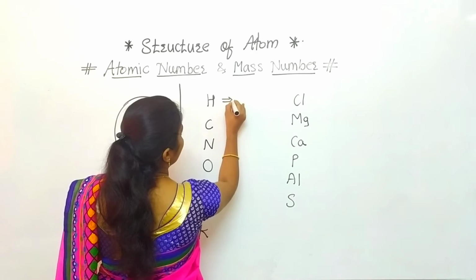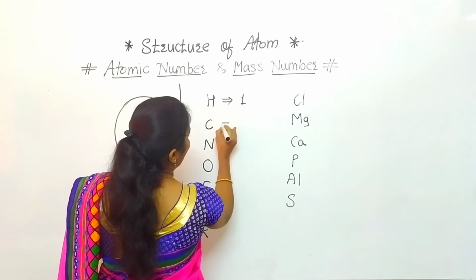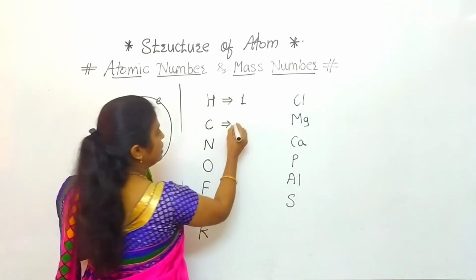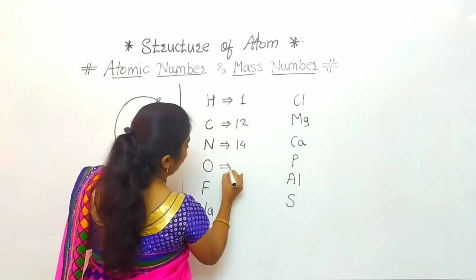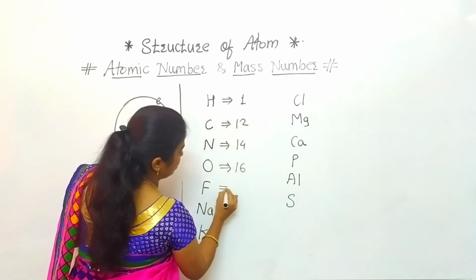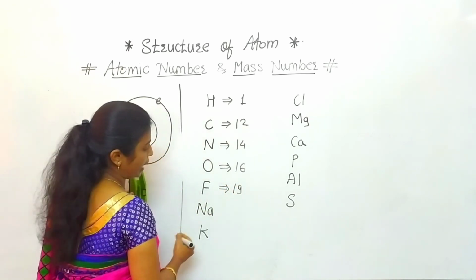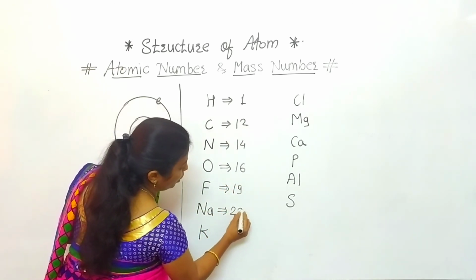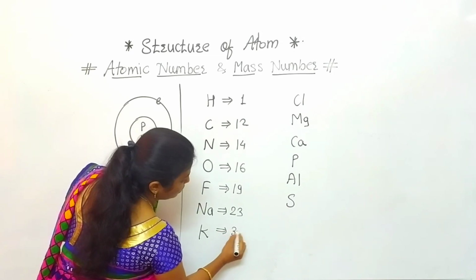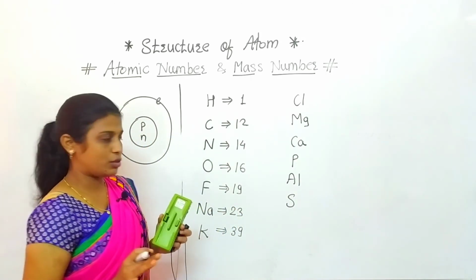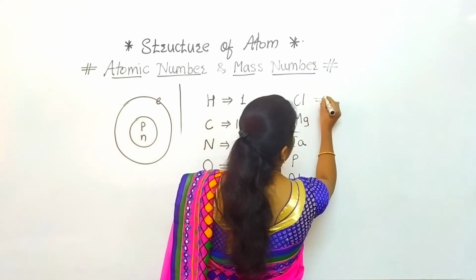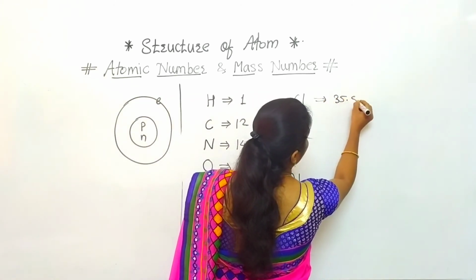So what is the mass number of hydrogen? It is 1. What is the mass number of carbon? It is 12. For nitrogen, it is 14. Oxygen, it is 16. Fluorine it is 19, sodium 23, potassium 39. Please note down all this with you. Chlorine it is 35.5.